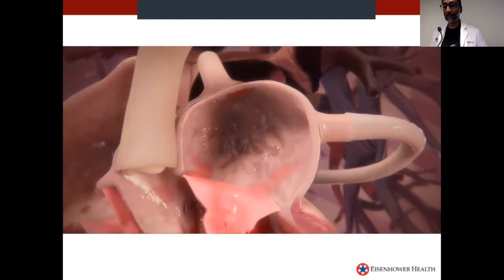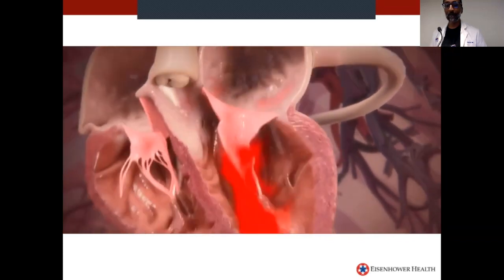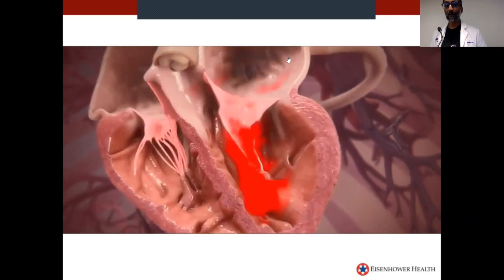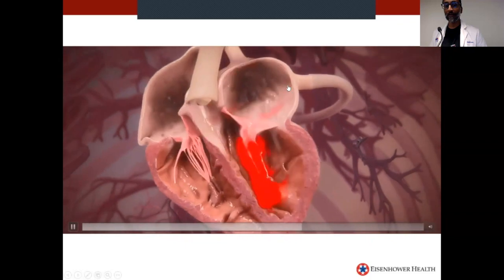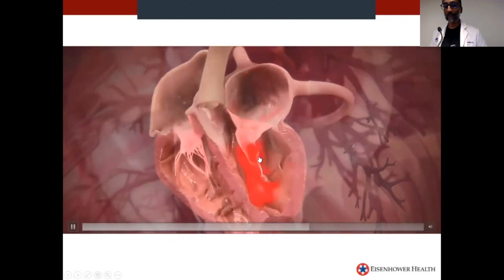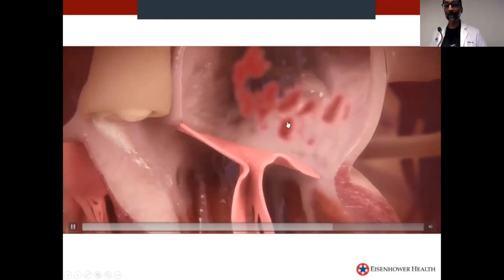If the valve doesn't work well, it ends up causing blood flow to leak back into the heart. So rather than going in this direction from the atrium into the ventricle and out to the body, the blood goes from the atrium into the ventricle and then squirts back into the atrium. So that would result in inefficiency within the heart.